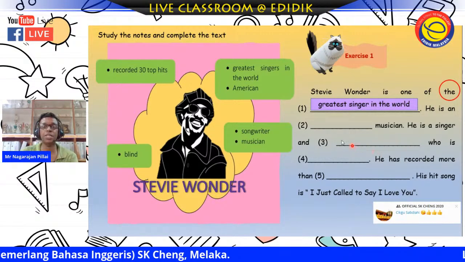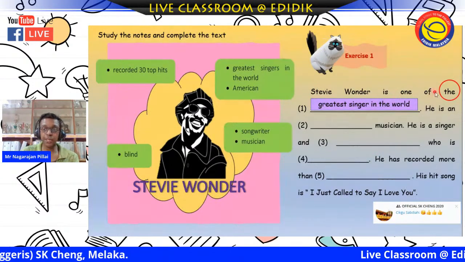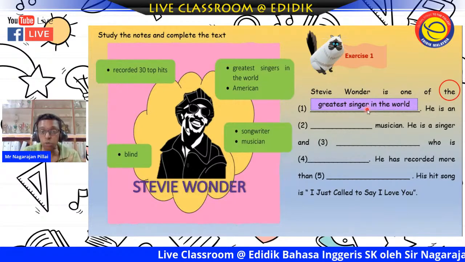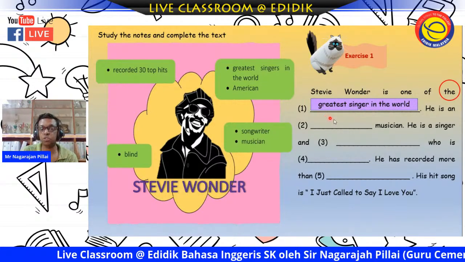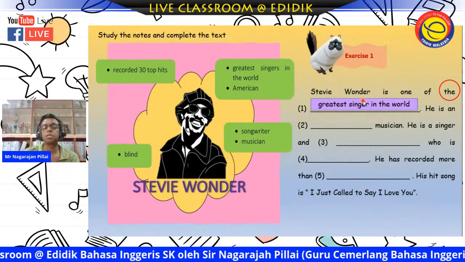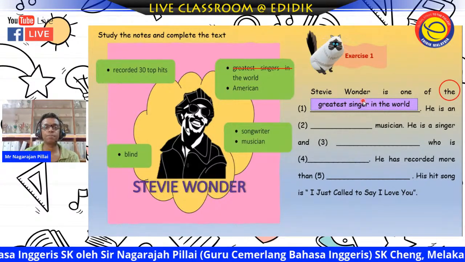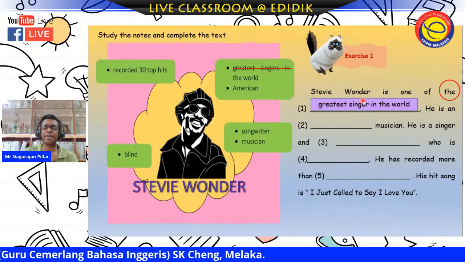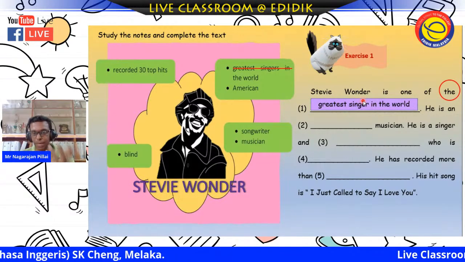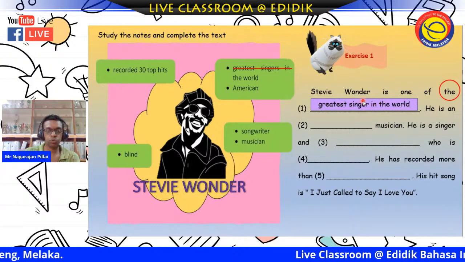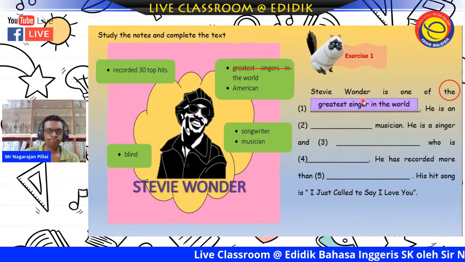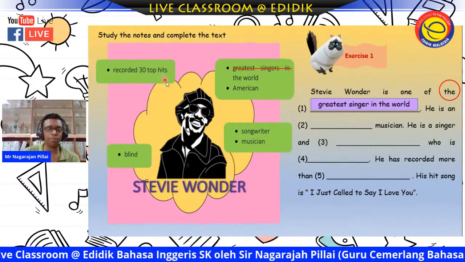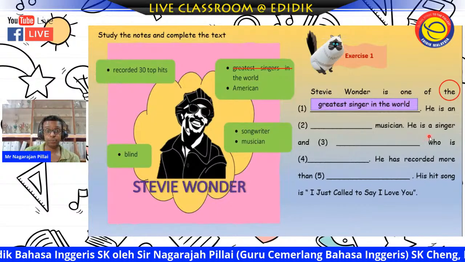So for this question, Stevie Wonder is one of the greatest singers in the world. It's a clue for you to choose your answer. So number 1, done. You will get 2 marks for this. Continue. He is an blank musician. Now, which one should we choose? American, songwriter, musician, blind, recorded 30 top hits. Now, do you have your answer?